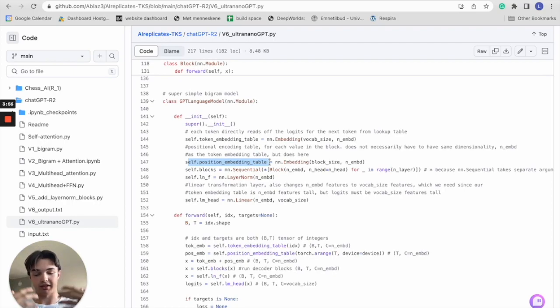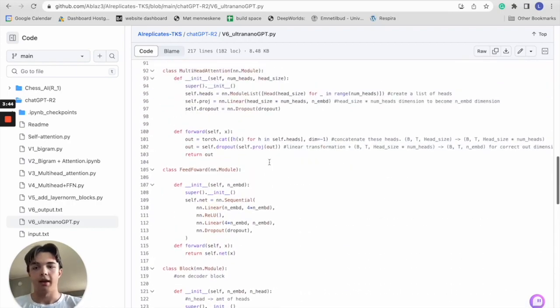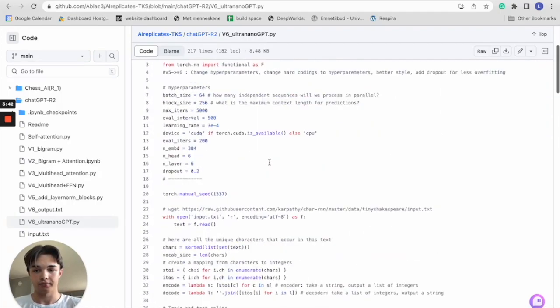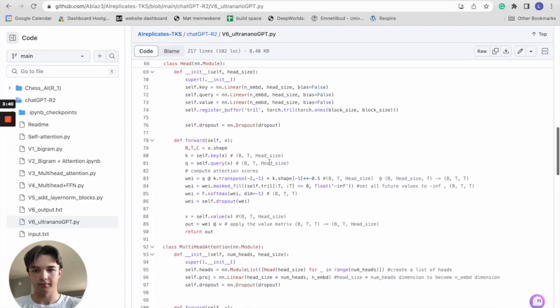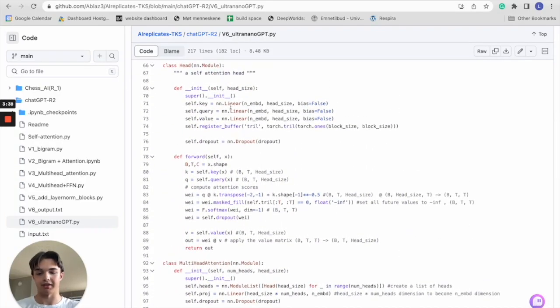It adds a list of numbers to these numbers generated from the text, telling the computer where letters are in relation to each other. Then we have self-attention, which is here, and this tells the computer which different letters are important to which other letters. So it makes the computer better able to understand how to form the context of a complete sentence, not just single letters after each other.